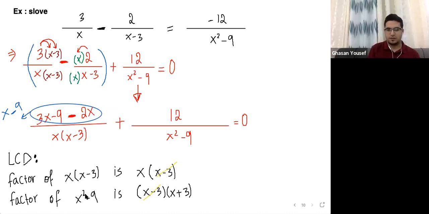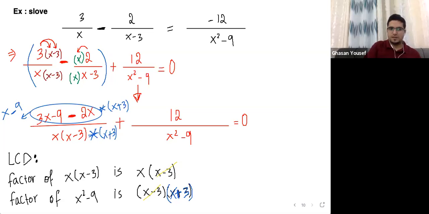So the factor of x squared minus 9, after I cancel everything, is x plus 3. So I have to multiply this by x plus 3. This is just a review from last time. And here the same thing, I have to multiply both sides by x plus 3.